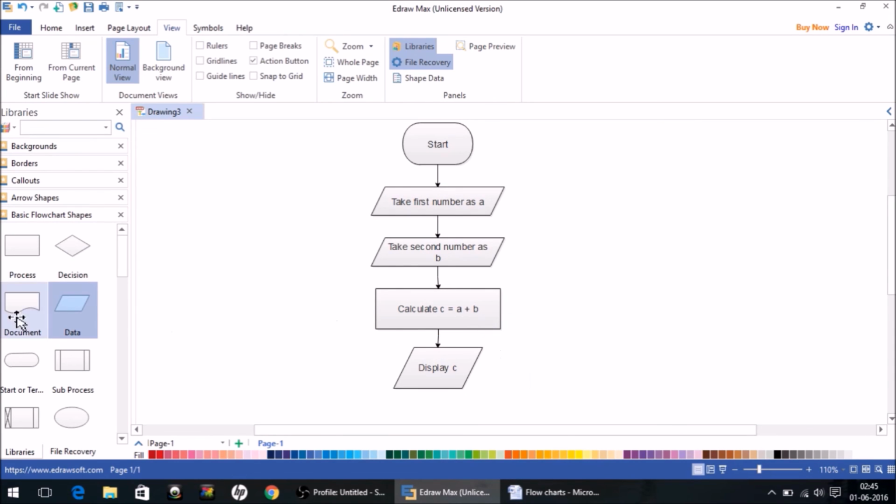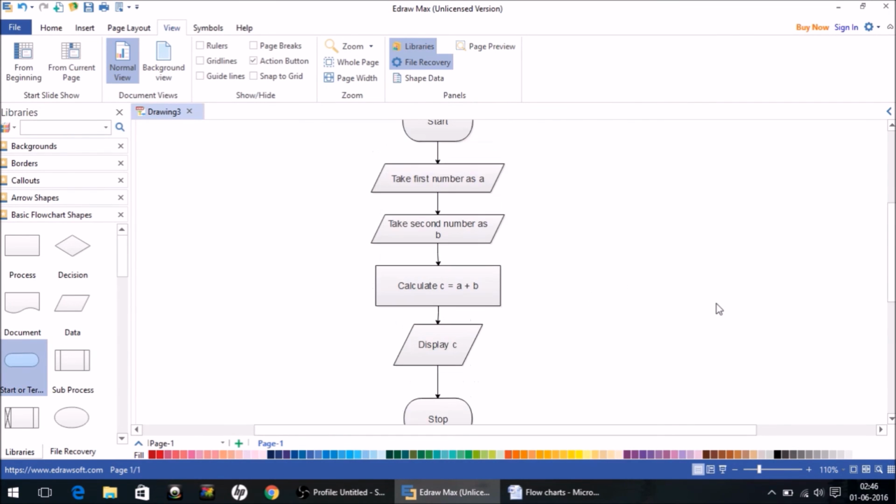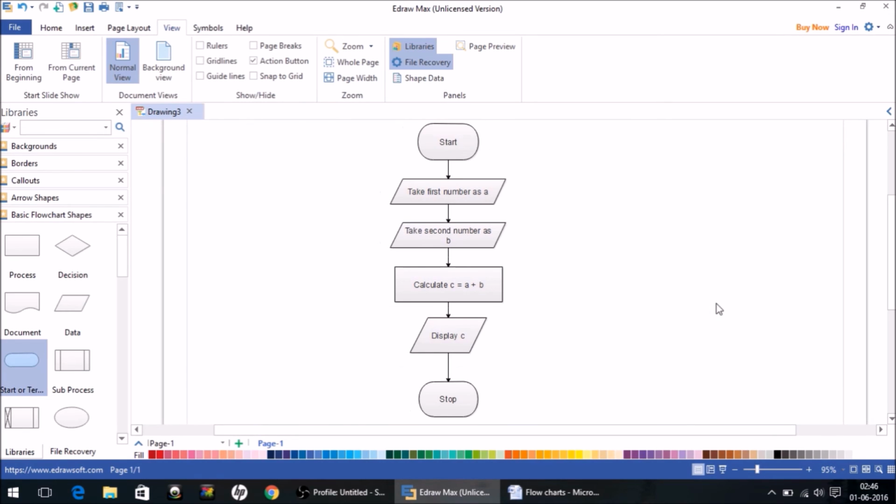And the last step is of course stop. So we'll put a rounded rectangle or simply oval here, and then we connect them, and we just write stop, and that's it. So we have our first flowchart.